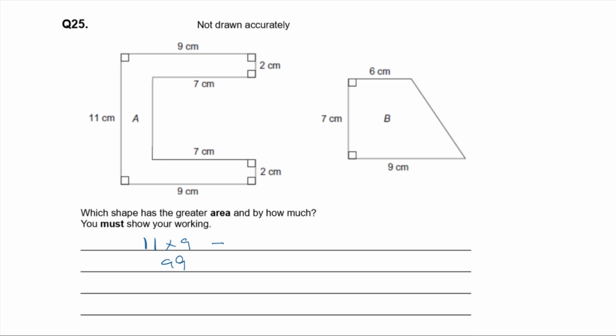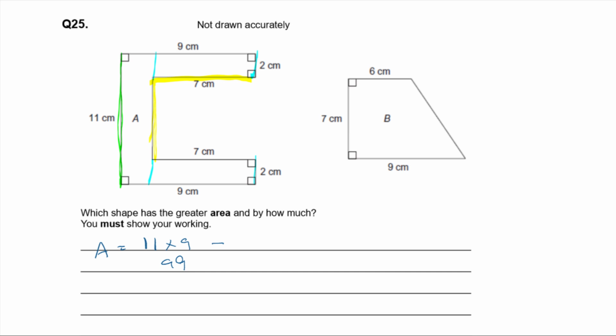Then I take away the smaller rectangle, which is 7 by that distance there. What's that distance? Well, this distance is 11, and this distance is 2, and this is 2. So if I take those two 2's away from 11, it should give me the yellow bit in the middle.